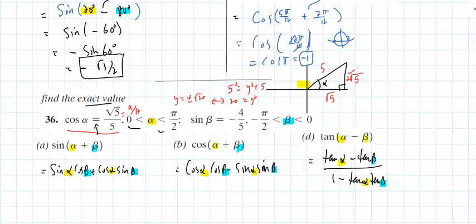So, very good. And if I go for beta, it seems beta is between negative pi over 2 and 0. This is negative pi over 2. This is 0. Beta is in quadrant 4.